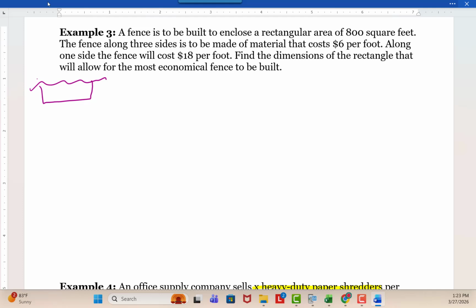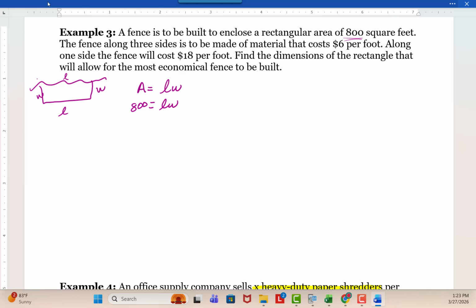We might call this L, this is also L, this is W, this is W. And they tell us what the area needs to be. So area is equal to length times width, or we can say 800 is equal to length times width.